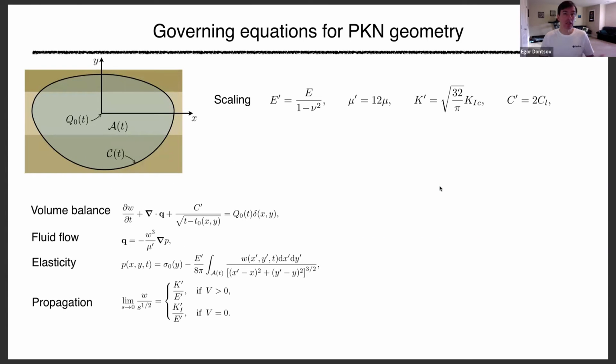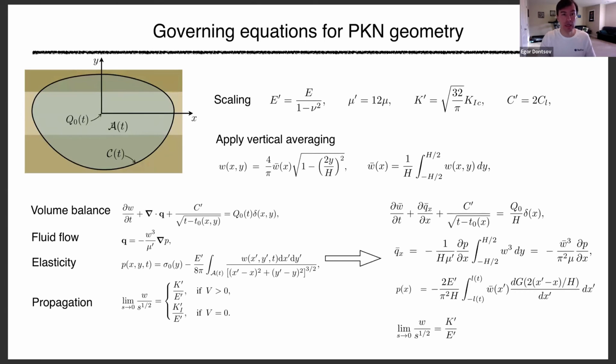So again, the governing equations for PKN fracture: we start with a fully planar fracture, and then we assume constant height and elliptical cross-section, which I said above, and essentially average these equations vertically. So we integrate them over the main layer, so we don't allow them to grow above and below. And when you average them, they suddenly become one-dimensional.